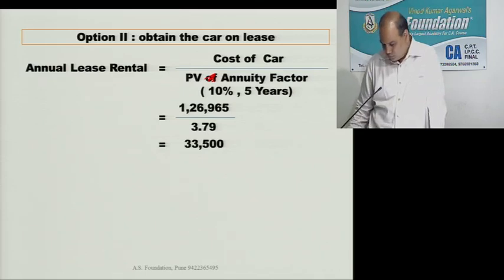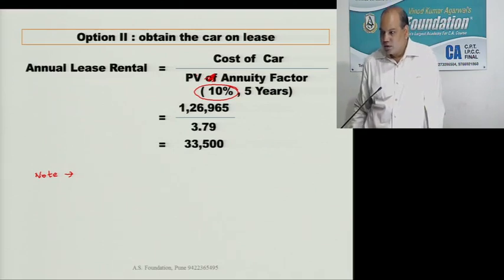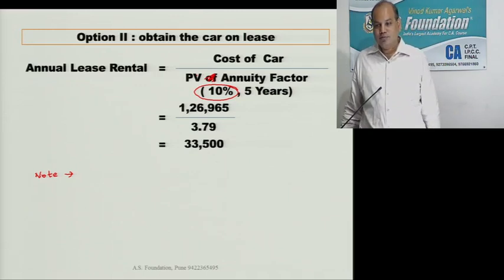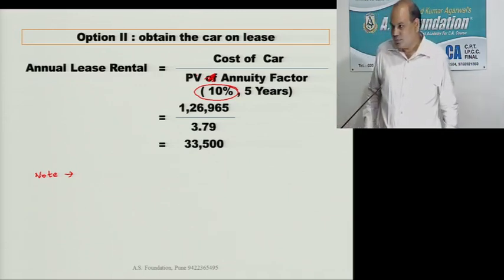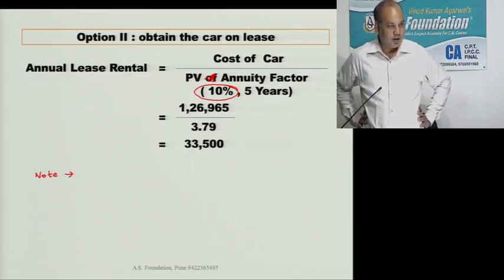Write one note here. You have used 10% discount rate on the gross value of the asset. You have not taken into account the tax payment that the lessor may have to make, or the tax shield on depreciation which the lessor may get.